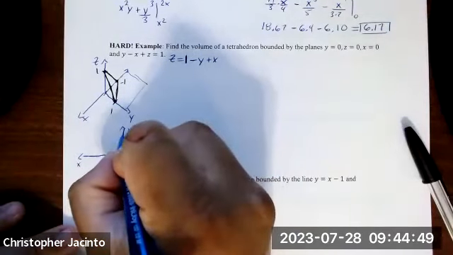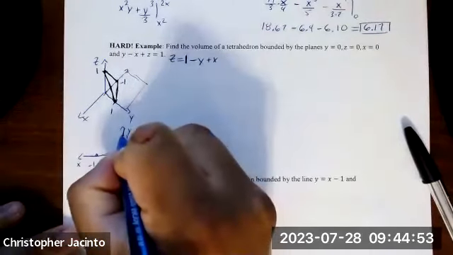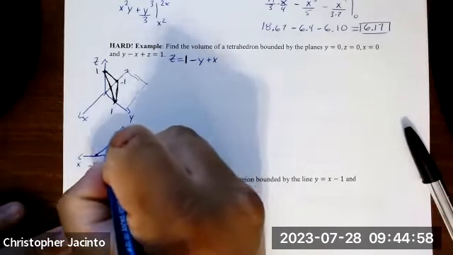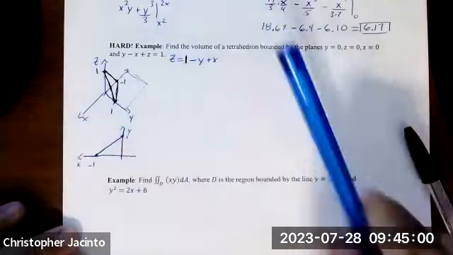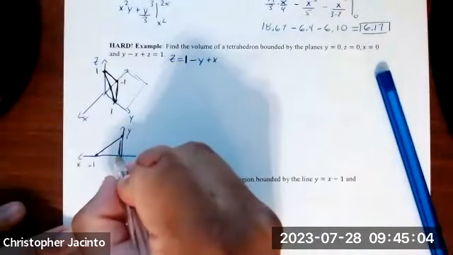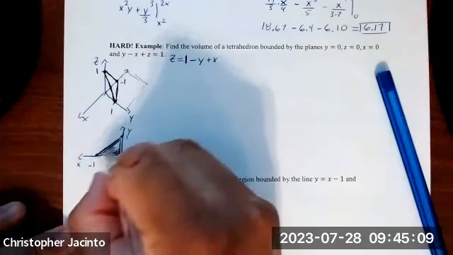So if y equals 1, y equals negative 1. So this is our region we're looking at. This is our D region.